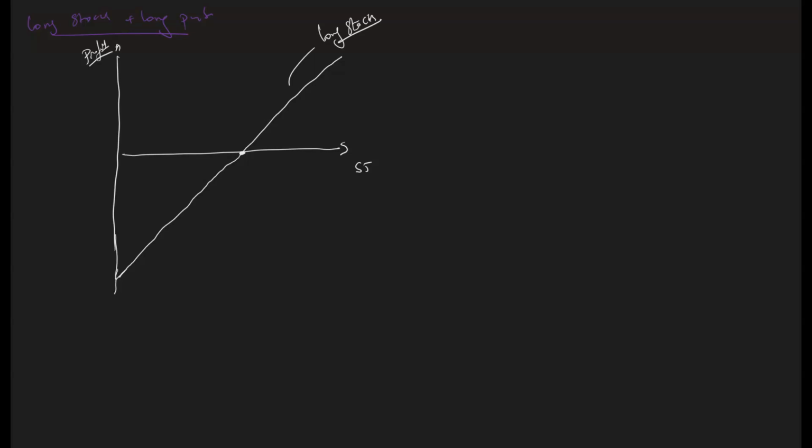That's our long stock. Now, in addition to that, we are going to purchase a put option. We want a put option that has a strike price that's below the current value of the stock price, right? So we want the put option to have a strike price somewhere around here, below the stock price.